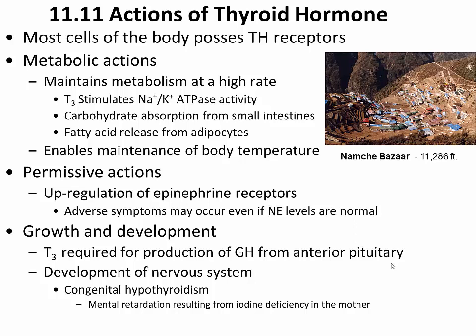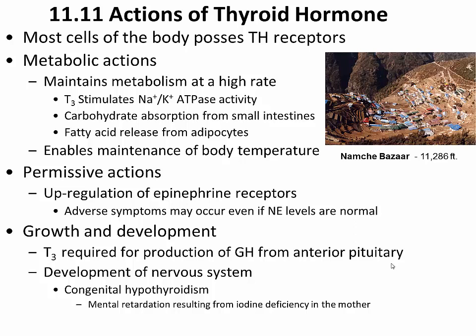Even if epinephrine levels are completely normal, you have an abnormal response to epinephrine, which is very similar or perhaps indistinguishable from the response you would see if you had inappropriately high levels of epinephrine. Lastly, thyroid hormone is exceptionally important in growth and development.